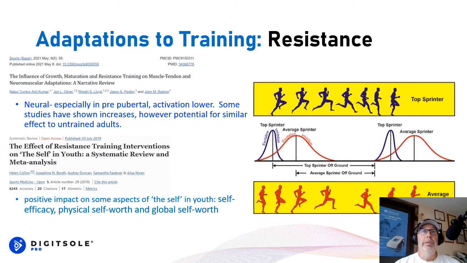One of the examples that I used earlier was that after 6 weeks of training, we saw an increase in force production with no increase in cross-sectional area. Well, what happened? A lot of that is neural adaptations. And we see that in the adult population as well, where it is enhanced. Again, was it the result of training and increasing cross-sectional area, or some of these other characteristics?